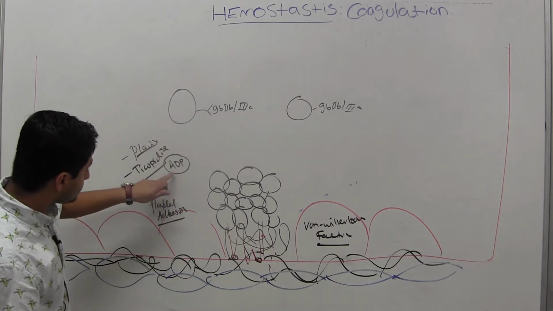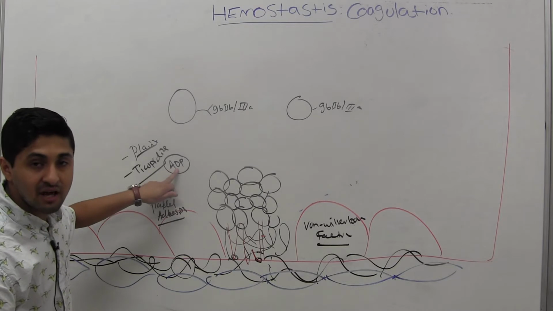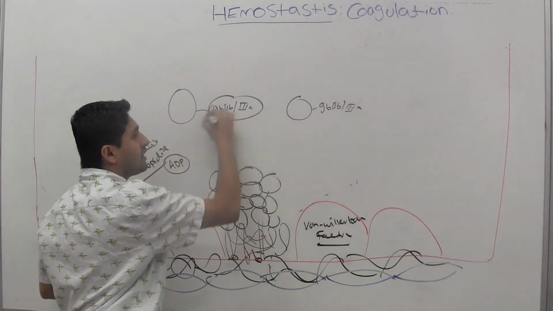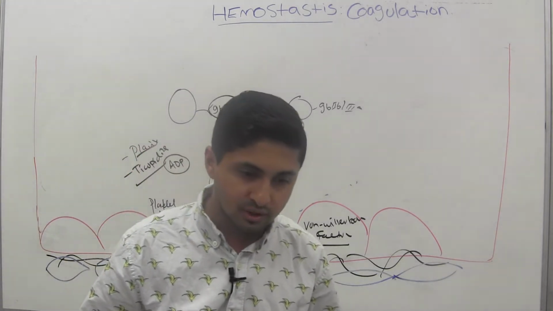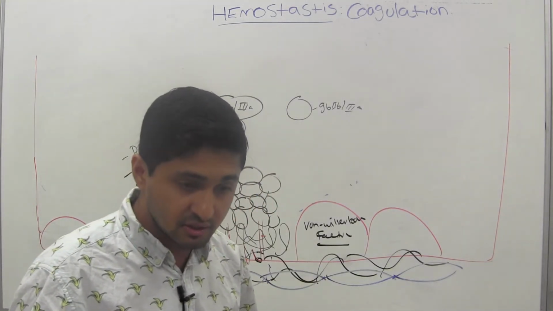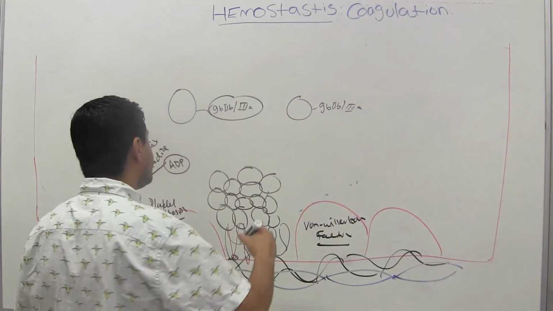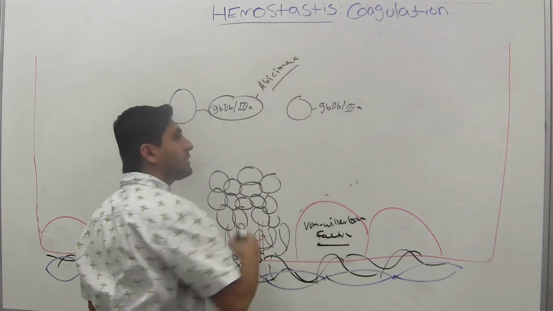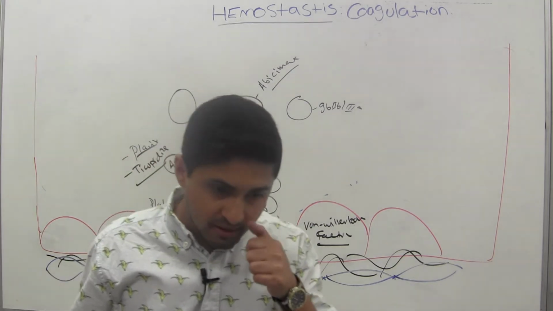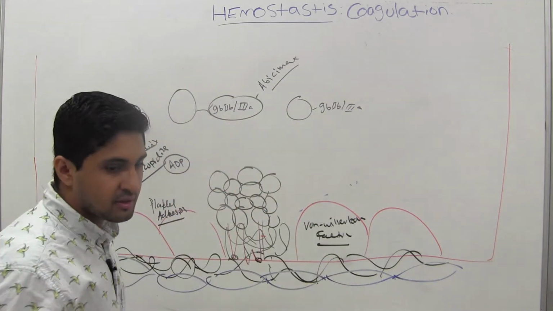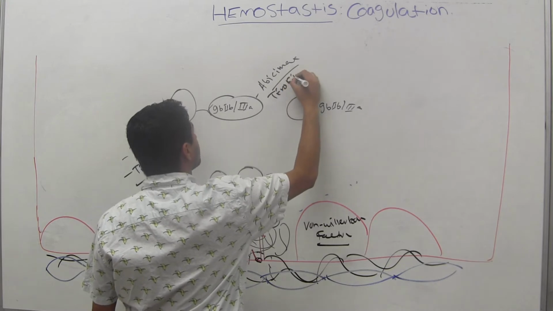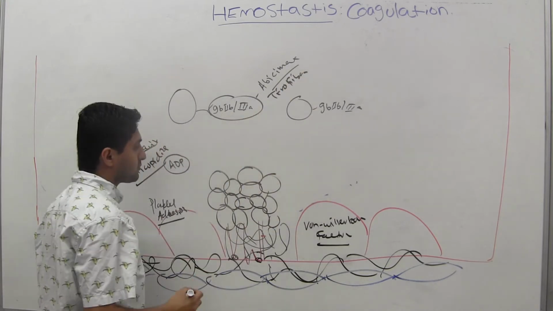These are adenosine diphosphate inhibitors. There are also drugs given to inhibit this complex, the glycoprotein IIb/IIIa inhibitors, like abciximab, and there's another drug called tirofiban. These are inhibitors of these proteins.